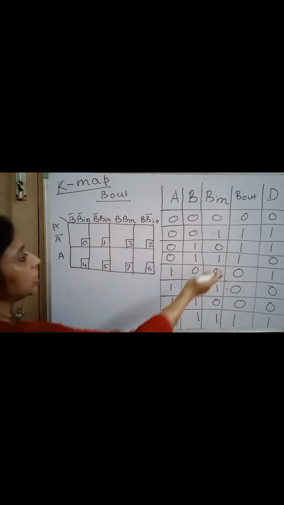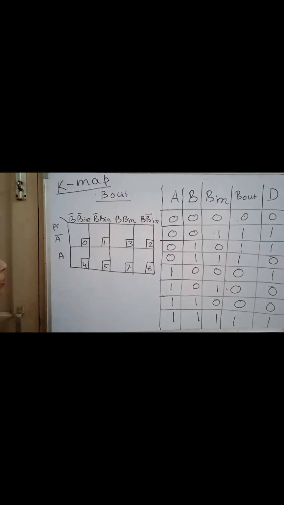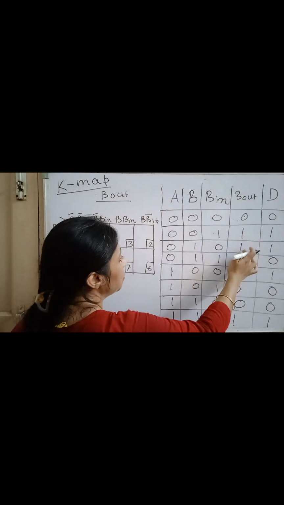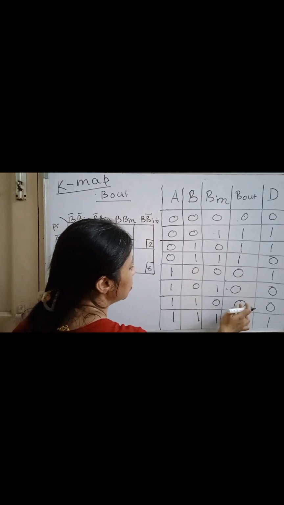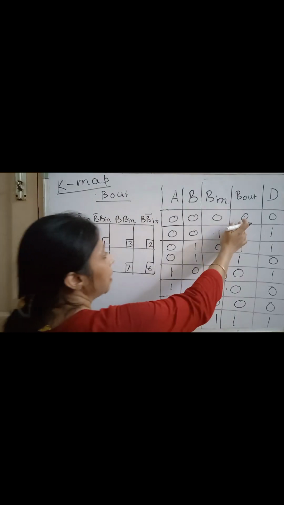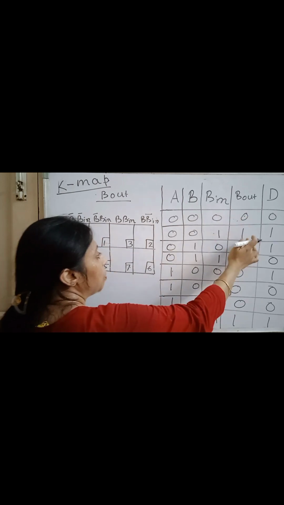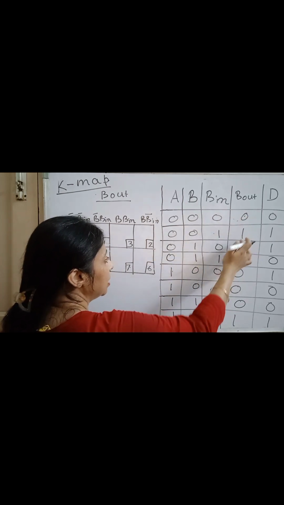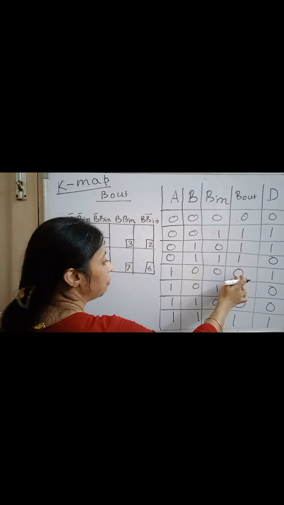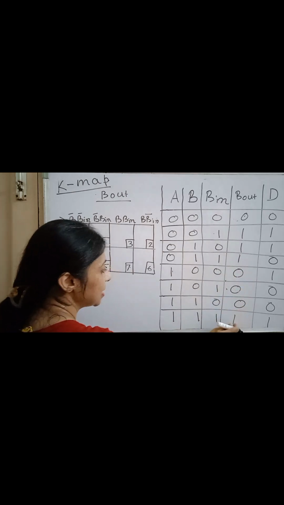Now we need to put the outputs for B out. So this is 0, 1, 1, 1, 0, 0, 0, 1. This will be in box 0 because this is for input 0. Box 1, that is for input 1. Box 2, box 3, 4, 5, 6, 7.